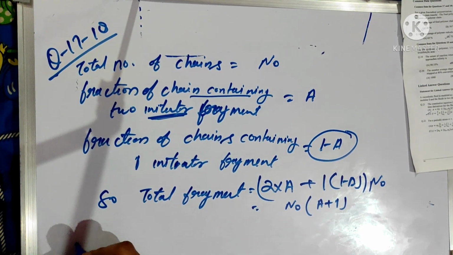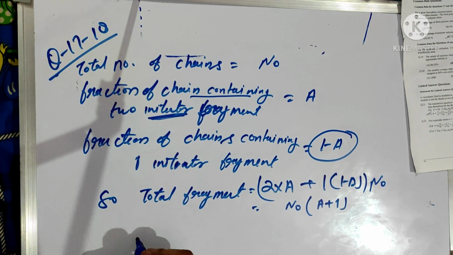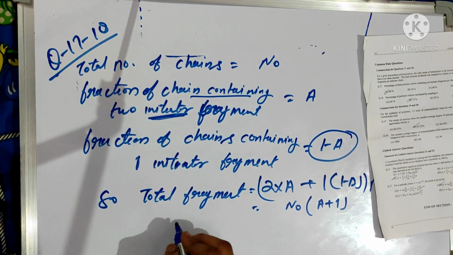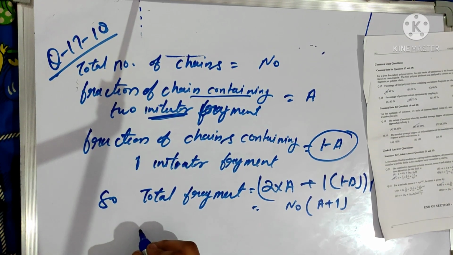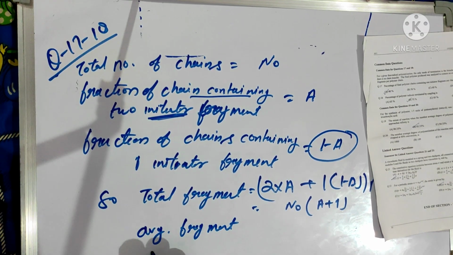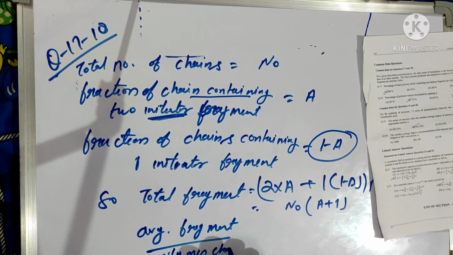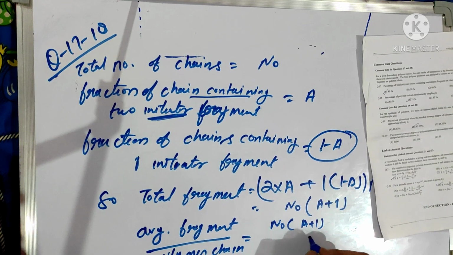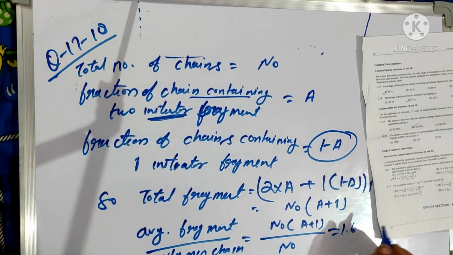Now in the question it is given that the average is 1.6 initiator fragments per polymer chain molecule. So N0 into A plus 1 divided by N0 is equal to 1.6.